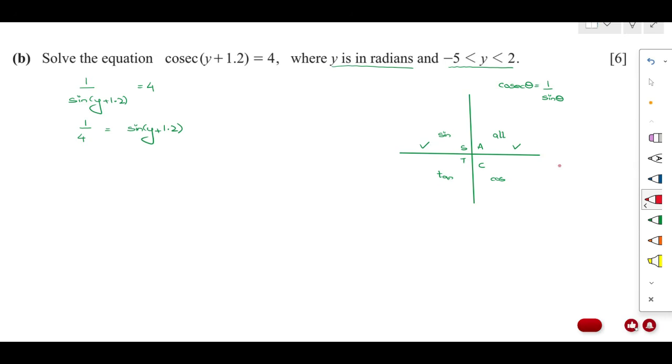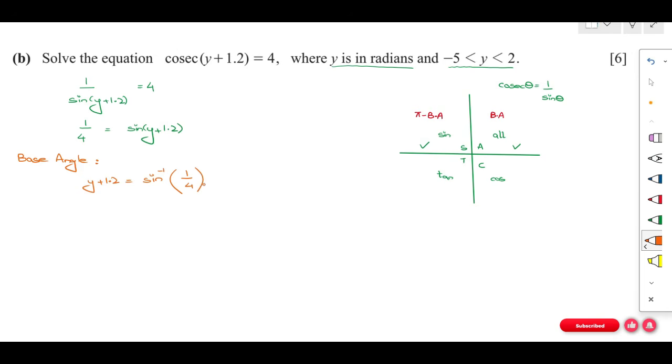In the first quadrant we use the base angle or the principal value of the angle, and in the second we do pi minus the base angle. Now we first have to solve for the base angle, or the principal value of the angle. So the base angle: y plus 1.2 is sine inverse of 1 by 4.